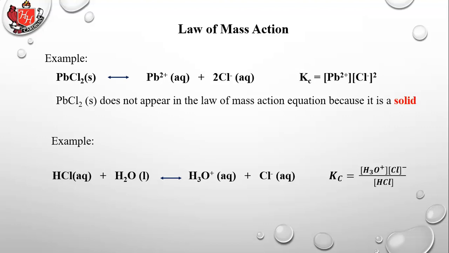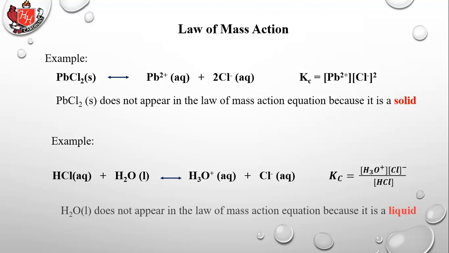That minus sign should be inside the bracket. And then on the bottom, you have HCl, which is in solution, that's hydrochloric acid, but you don't include the water because it is a pure liquid. So H2O does not appear in the law of mass action equation because it is a liquid.